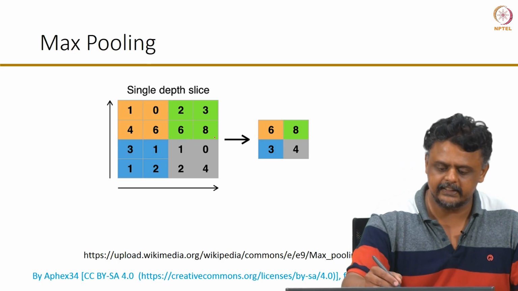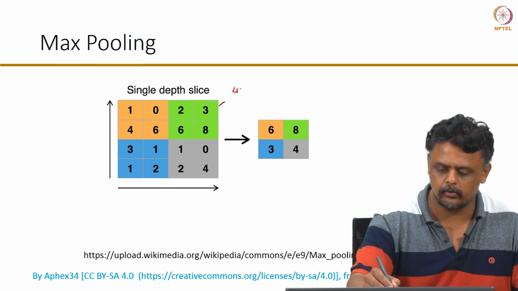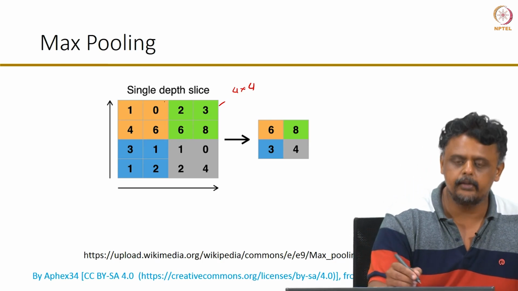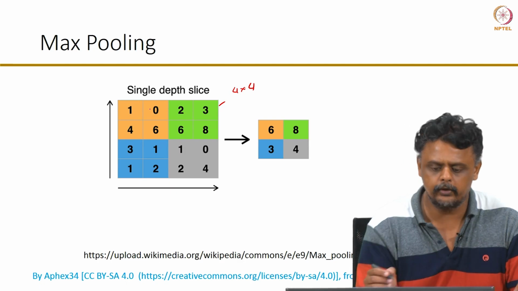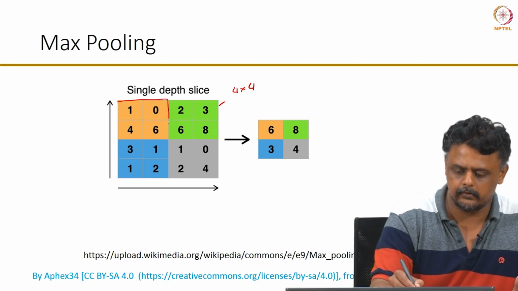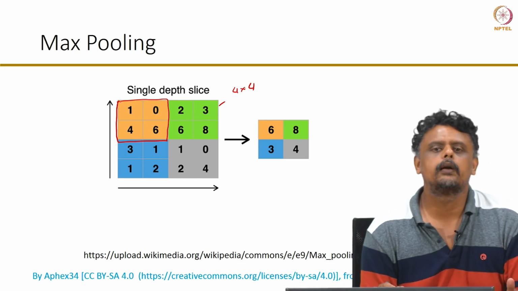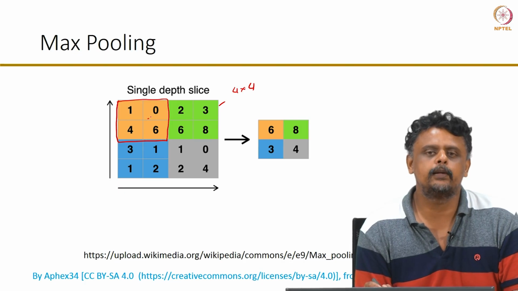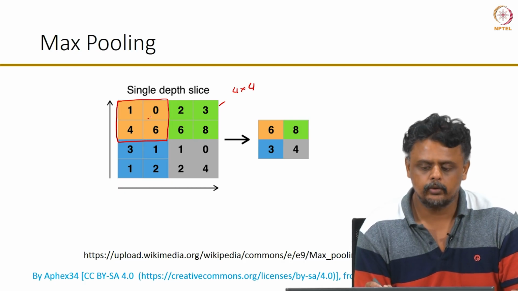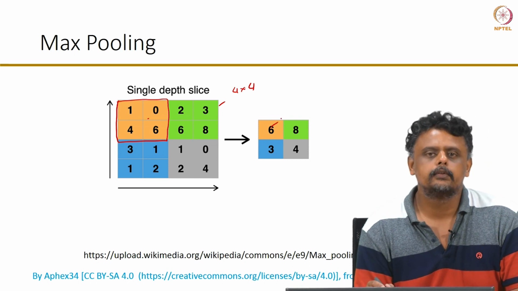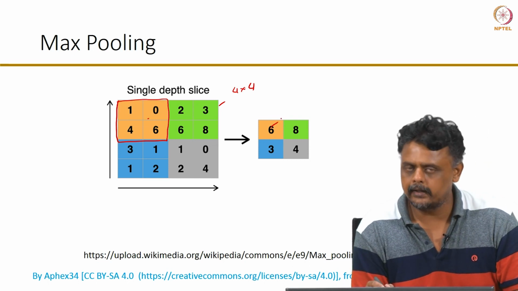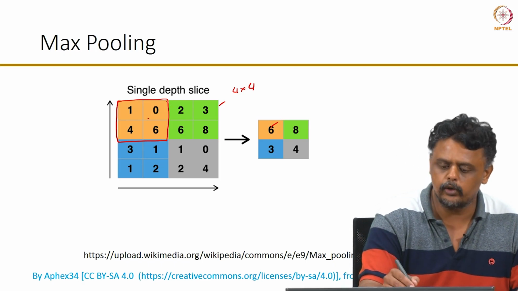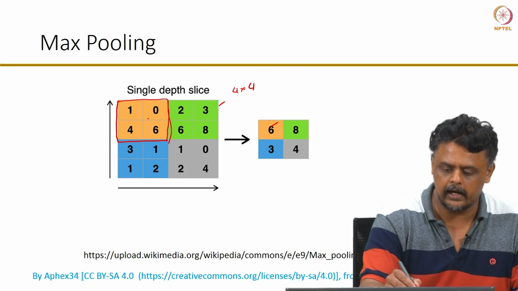Let us take this feature map of size 4 by 4. A typical max pooling operation can again be thought of as using a kernel. You define a 2 by 2 kernel here, and what max pooling does is look at the maximum value inside this 2 by 2 space. Here it is 6. Unlike convolution, where you slide the filter kernel by 1, here you slide so that there is no overlap.